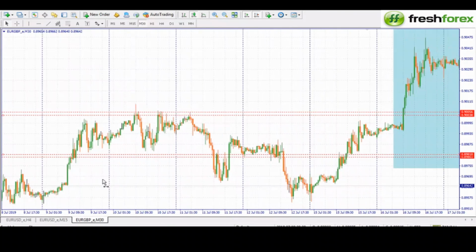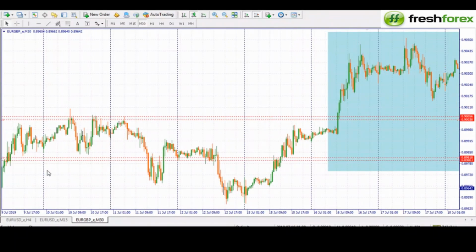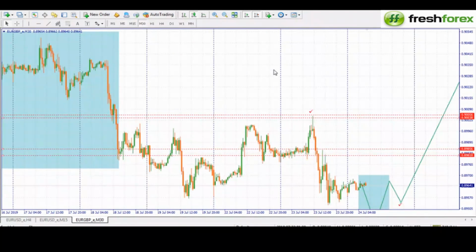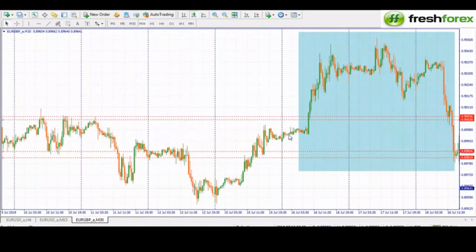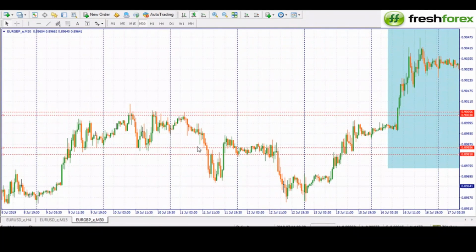So if you take this place as a support, the entire place, then price goes below that support, remains below it, then comes back again as a resistance. Sorry, just a second here.